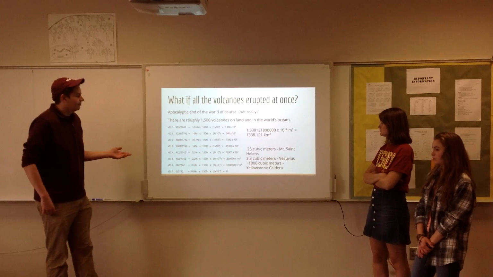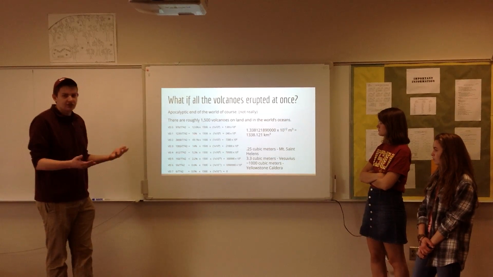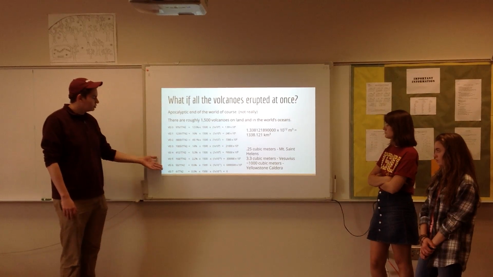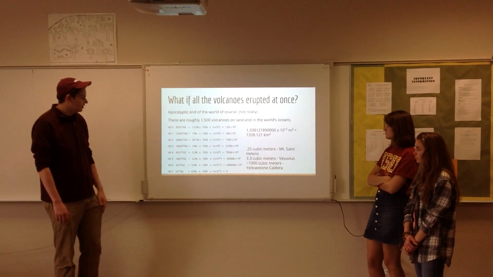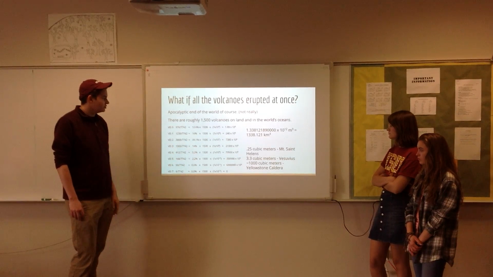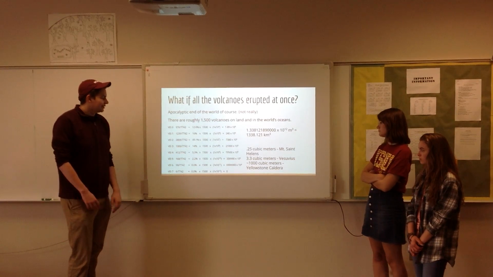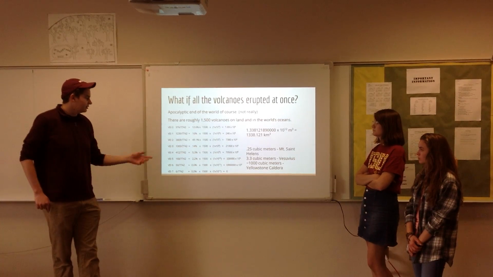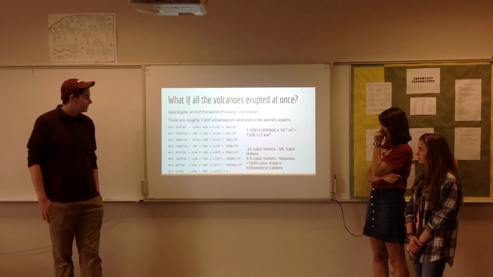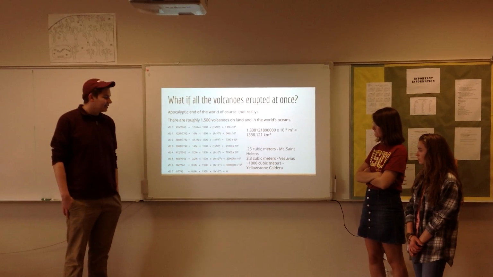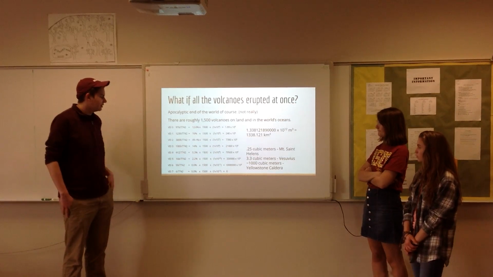So the way we calculated what these 1,500 eruptions would be is by taking all the explosions from the last 10,000 years, basically, and putting them as a percentage. Geologists can agree, it's just about exactly 7,742 eruptions on land in the last 10,000 years that have been classified on the scale.